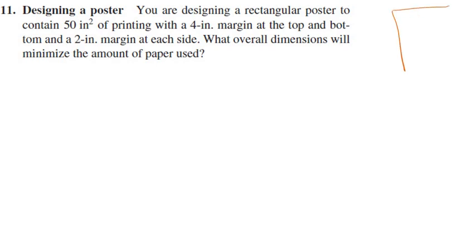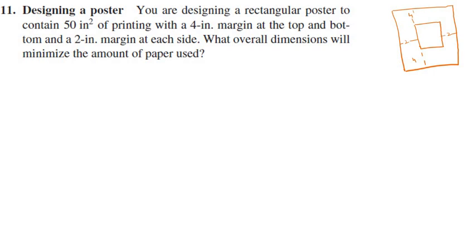So let's say we have a poster like this, and they want to print only inside, and this would be a 4-inch margin on the bottom, 4-inch at the top, and they want to keep a 2-inch margin on the left side and 2-inch margin at the right side.